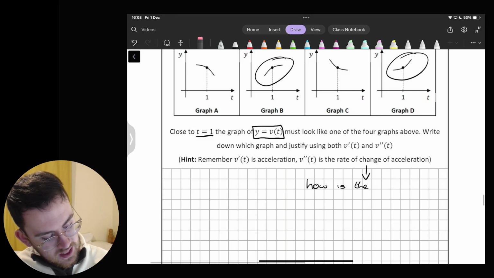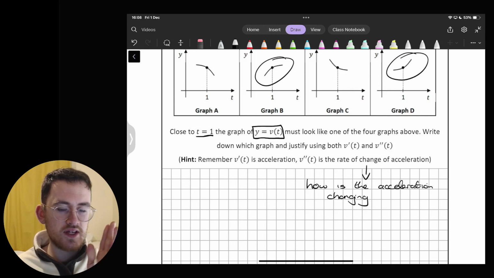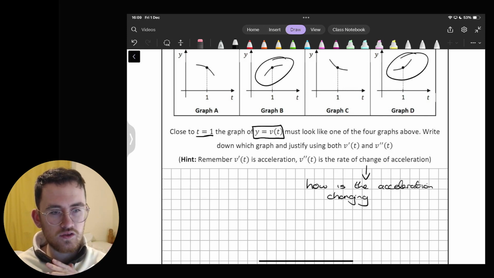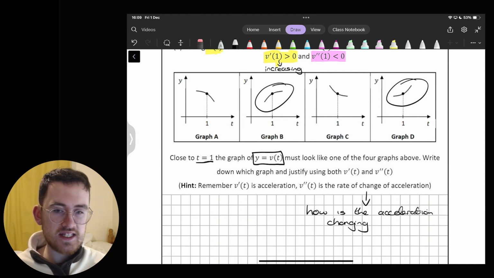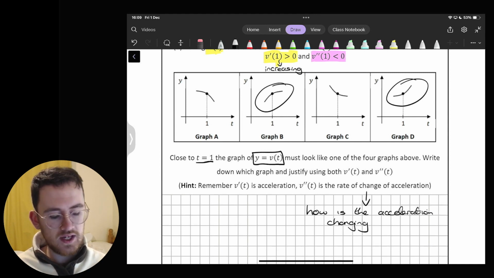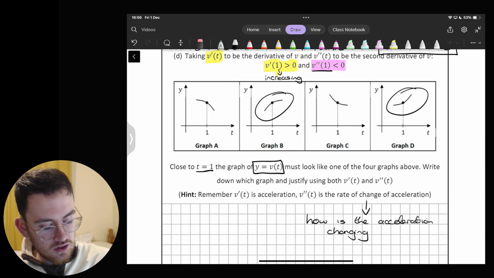If we think about what it means, the acceleration tells us how the velocity is increasing or decreasing, and this rate of change then tells us how the acceleration itself is changing and what impact that's going to have on the velocity. We're told here the rate of change of the acceleration is actually negative.